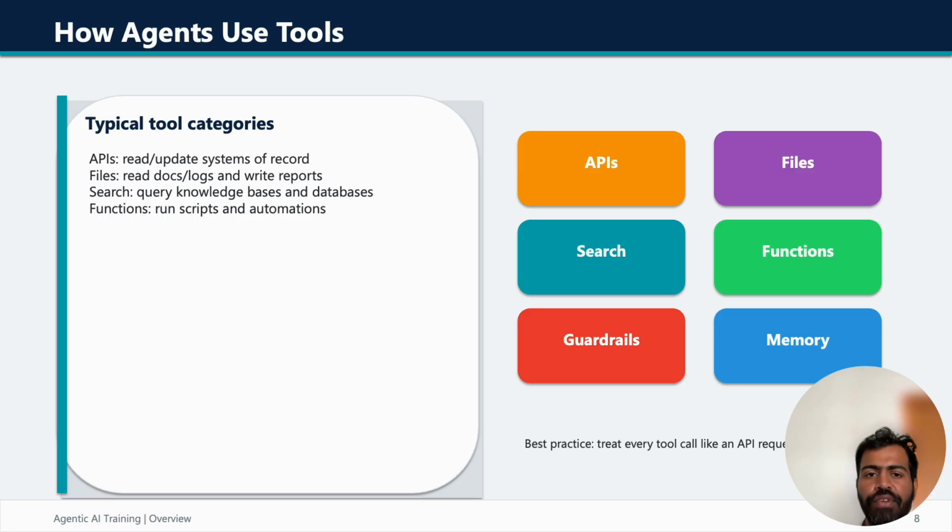So, every tool should be permissioned, validated, and logged. So, ask: who is the agent acting as? What can it do? What changed? And can we audit it? This idea, tool plus guardrails, is the heart of enterprise-grade agent design.